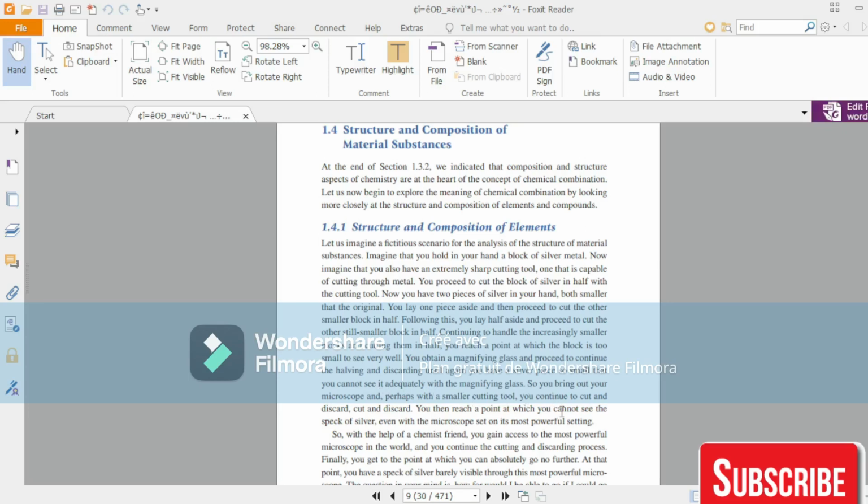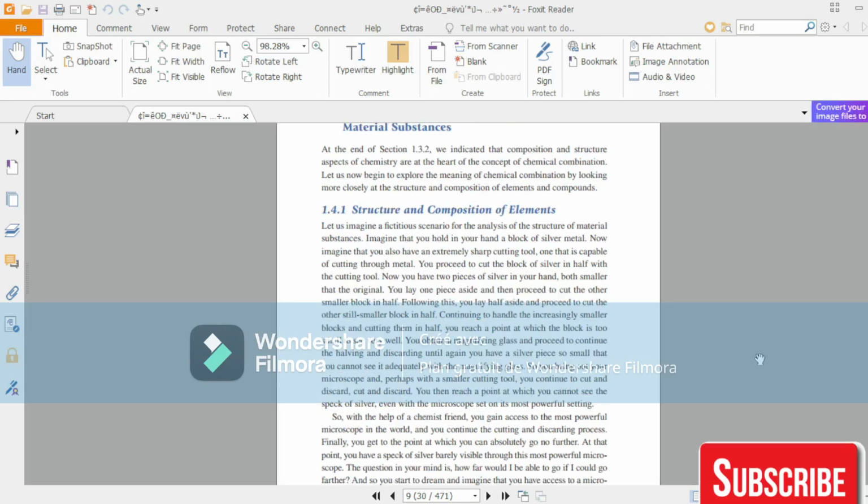So you bring out your microscope, and perhaps with a smaller cutting tool you continue to cut and discard, cut and discard. You then reach a point at which you cannot see the speck of silver even with the microscope set on its most powerful setting.